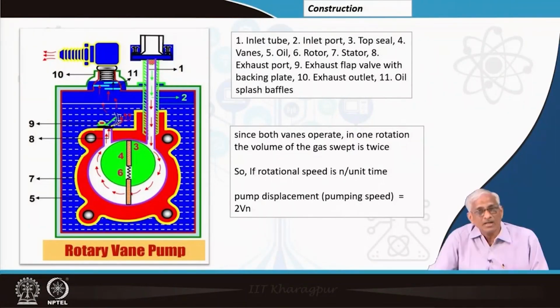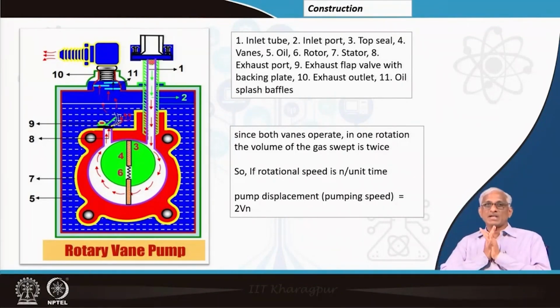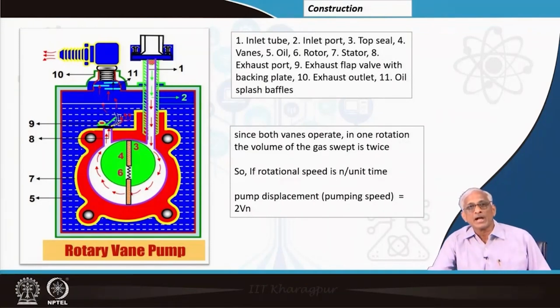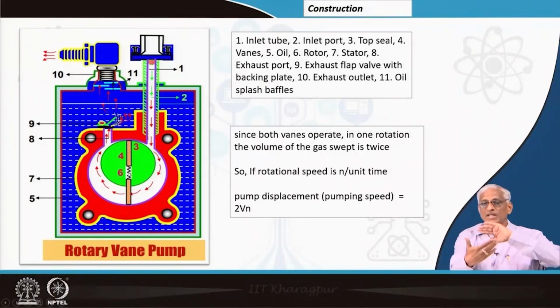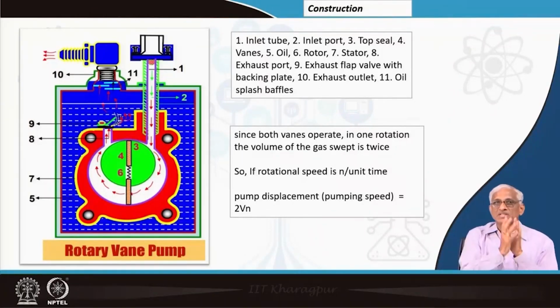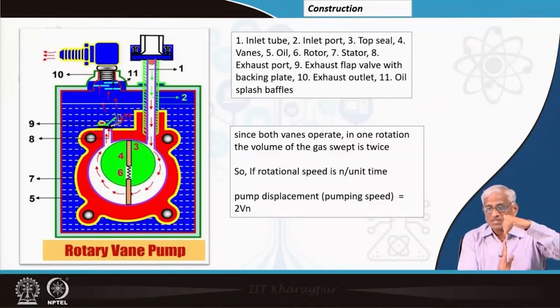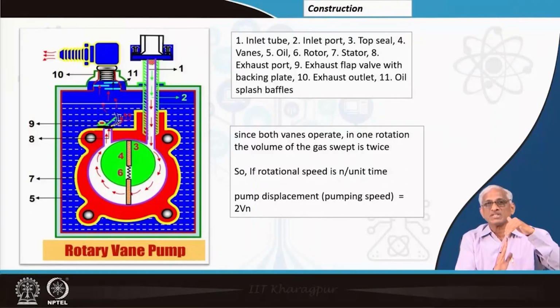It contains a rotor, that green looking thing. I think my mouse is there, okay. And this rotor has got a diametrical slot cut, not a total cut, and there will be some full portion. So, it is a diametrical slot in the working chamber, it is a cylinder, and in that slot two vane type of structures are there.